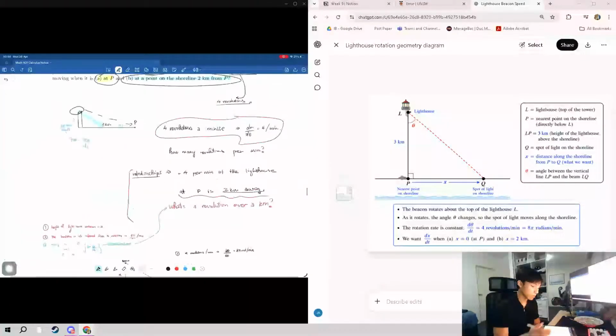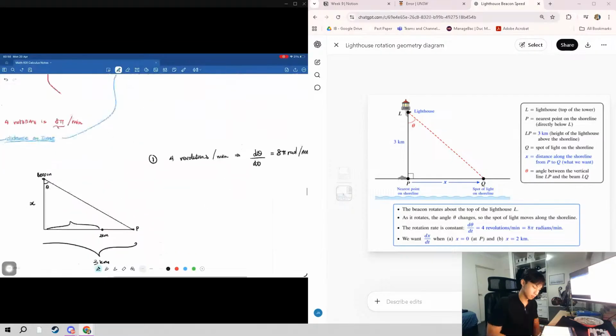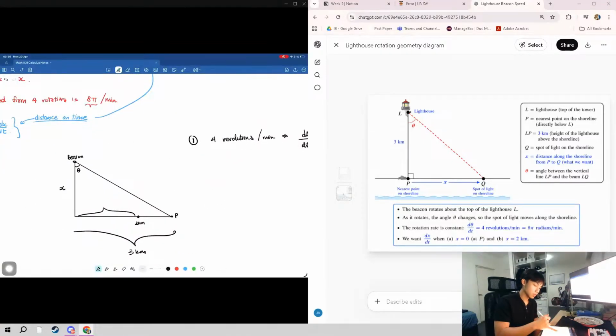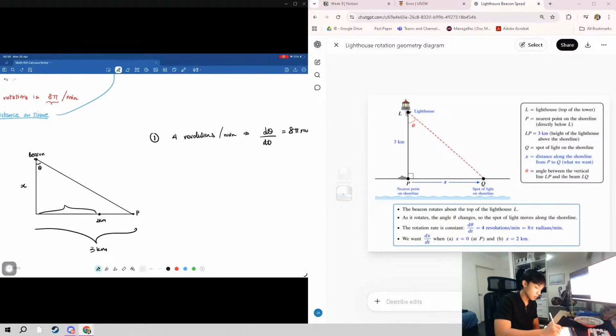No, from P, the nearest point on a shoreline. Yeah, so the lighthouse is 3 kilometers from the shoreline. But it seems as though, okay, we've got d theta over dt, and we're trying to do dx over dt, right? At x is 3, and x is 0.